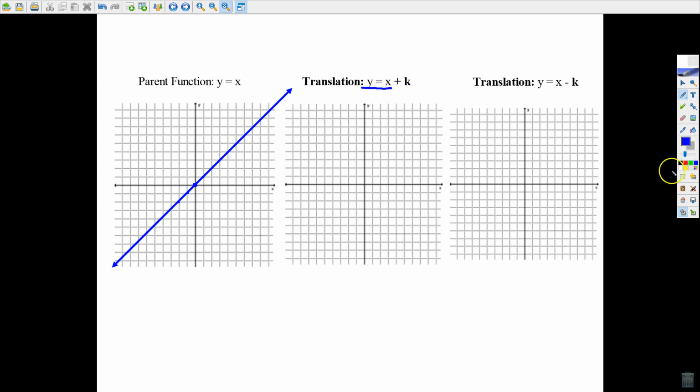So let me give you an example. In red, I'm going to write the equation y equals x plus 3. Well, what that says in translation language is, take the original blue parent function, y equals x, and all of the points on it, just move those points up 3 places, and then draw the result.